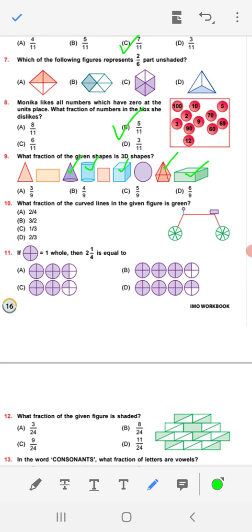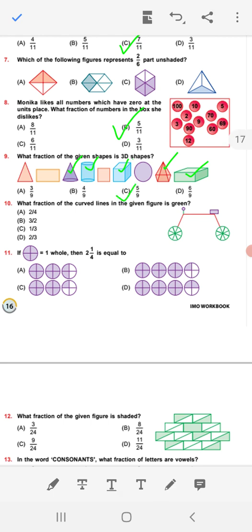So how many 3D shapes? 1, 2, 3, 4, 5. 5 3D shapes out of total 9. So the fractional part for 3D shape is 5 by 9. So option C is correct here.